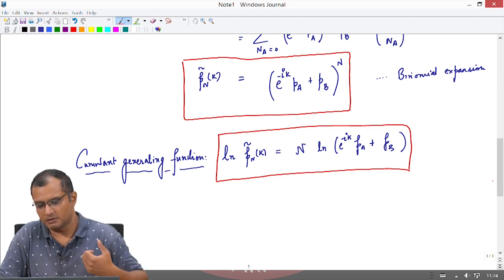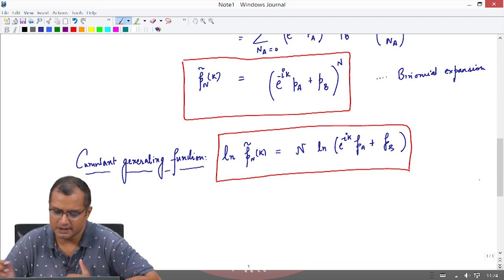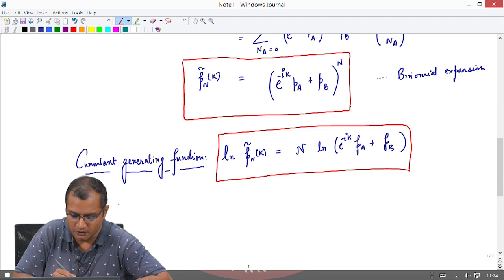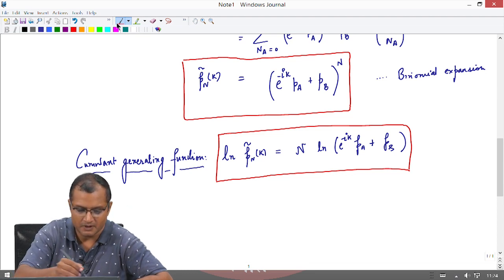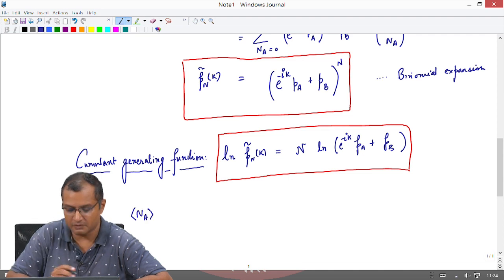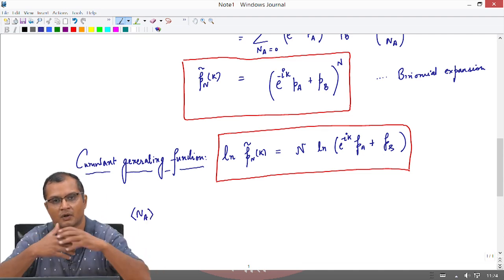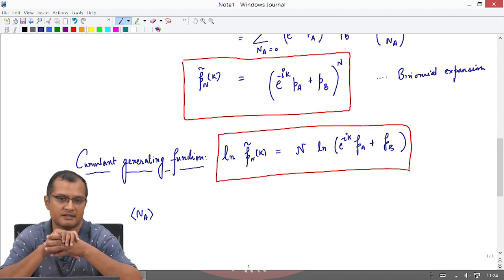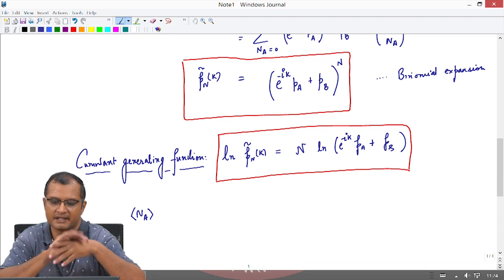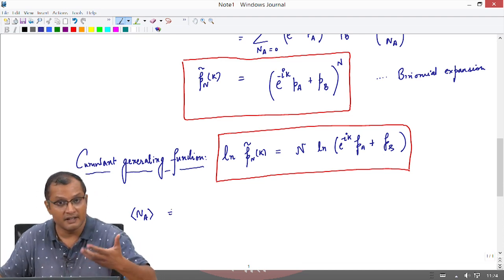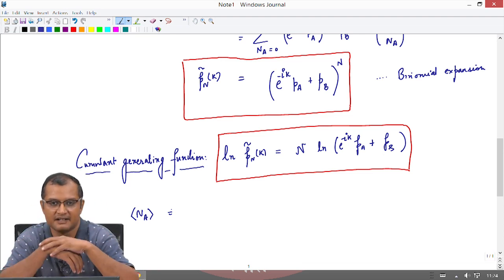Okay. So, I just want to mention something here. If you look at your characteristic function, it is very easy to compute, let us say, the mean of NA. So, for example, if you toss a coin n times and you want to know the average number of heads that you can get, well, the answer is straight away in front of you, because you know that this coin has only two sides, heads and tails.